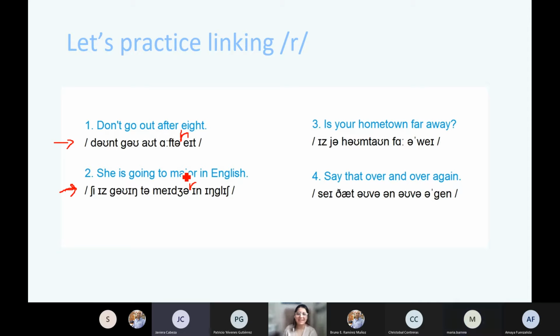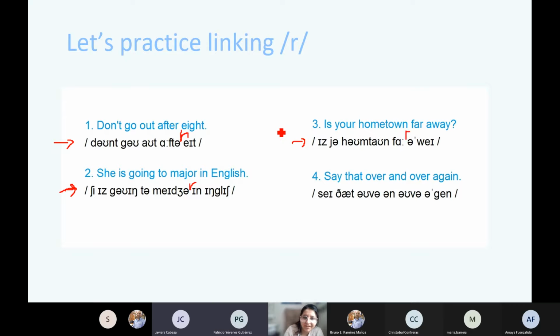Thank you very much. Now in example number 3, it says, is your hometown far away? Far away. Patricia, can you help me with number 3, please? Is your hometown far away? I think that we need to add the R in far away.